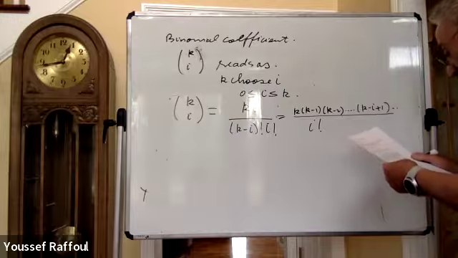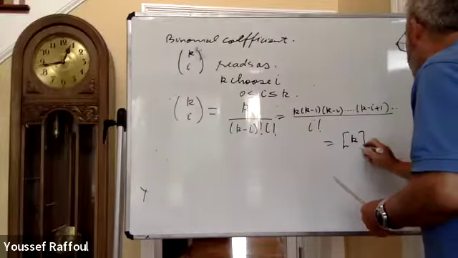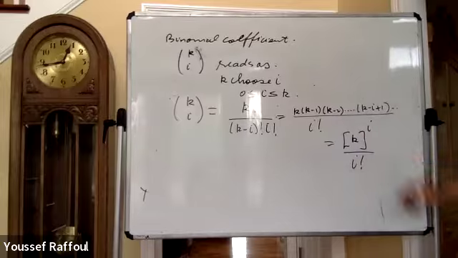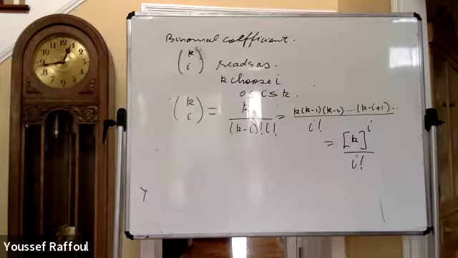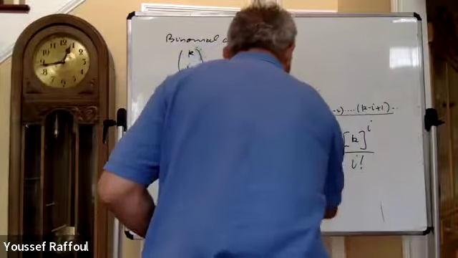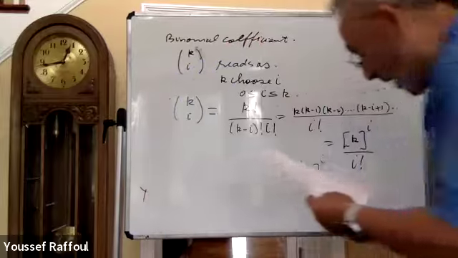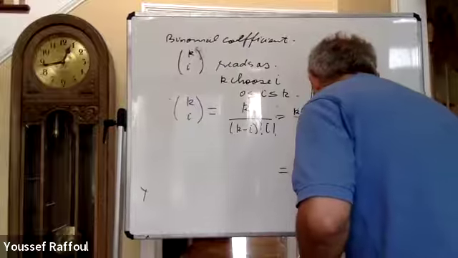And this will give you k to the i over i factorial. Remember, this is our function. And this one is k to power i over gamma of i plus 1.